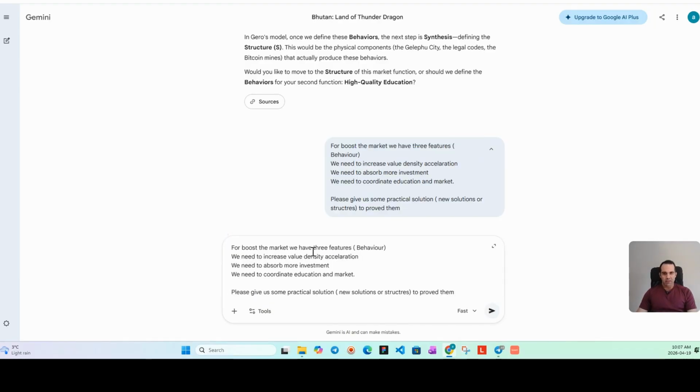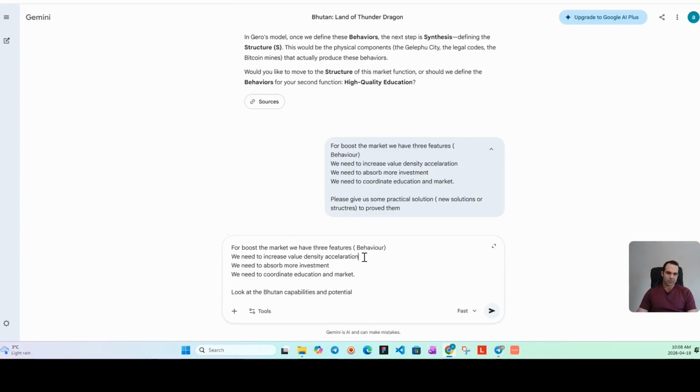For boosting the market, we have three features. We need to increase value density acceleration. We need to absorb more investment. We need to coordinate education and market. Look at Bhutan's features, Bhutan's capabilities and potentials.